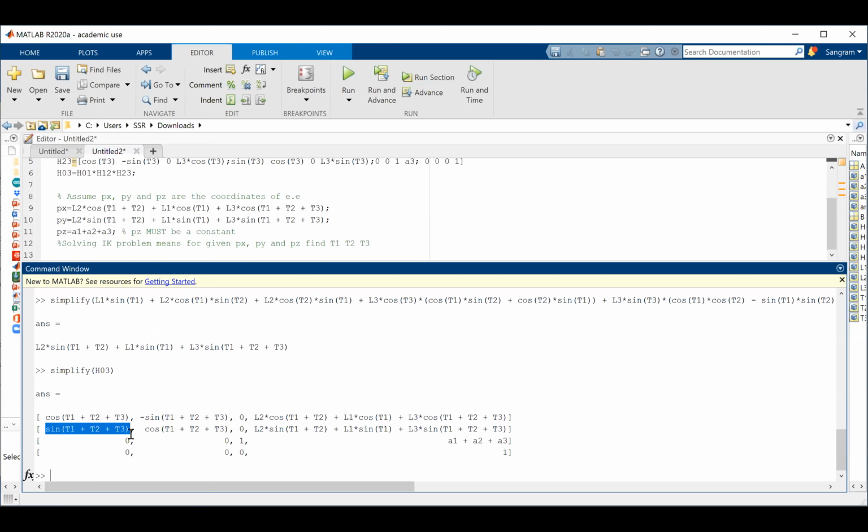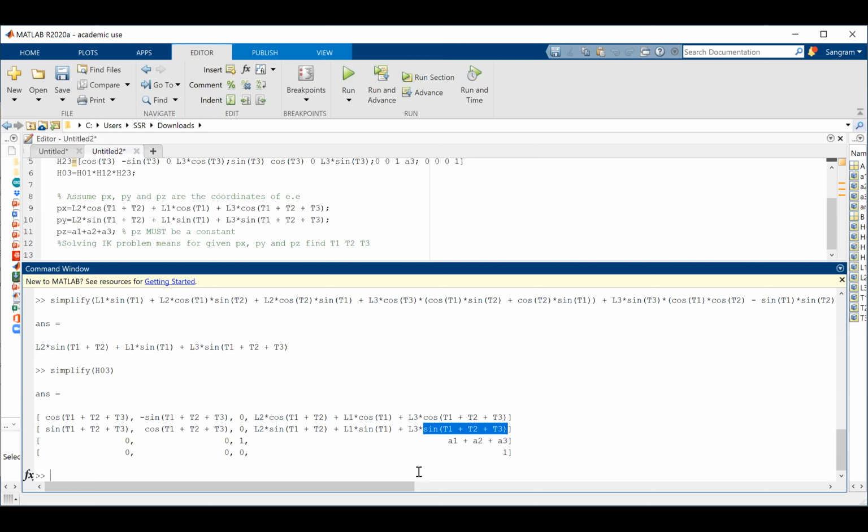We know what is this value, because recognize that first 3 rows and first 3 columns, they are the orientations of the end effector. So assuming that this guy is known, you can substitute its value over here. Assuming this guy is known, or this guy is known, you can substitute its value over here.